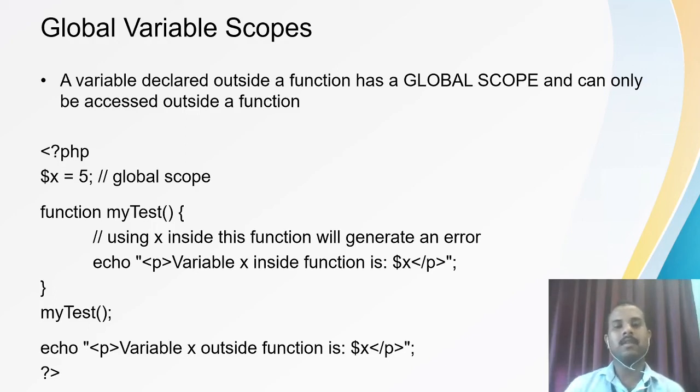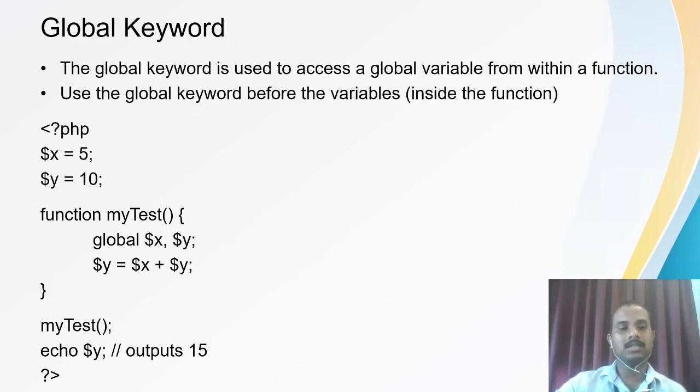If local functions need the support of global variables, then they should use the keyword global. See here, let me say that I want x and y inside the function also. Then I have to use the keyword global, so global $x, $y.